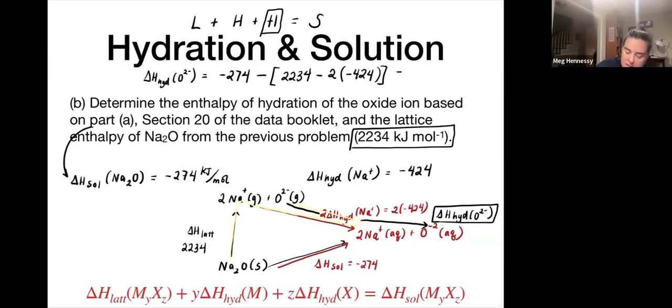So overall, we are predicting that the delta H of hydration of oxide is going to be minus 274 minus 2234 plus 848. I'm getting negative 1660.